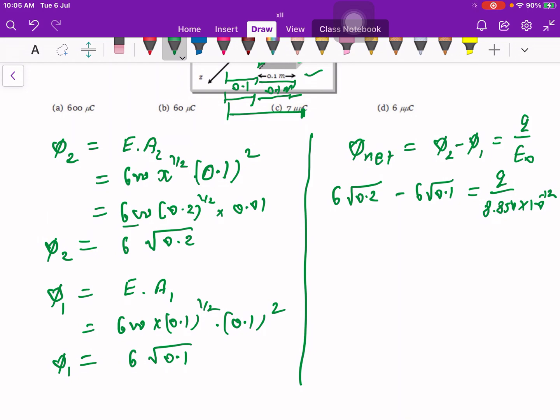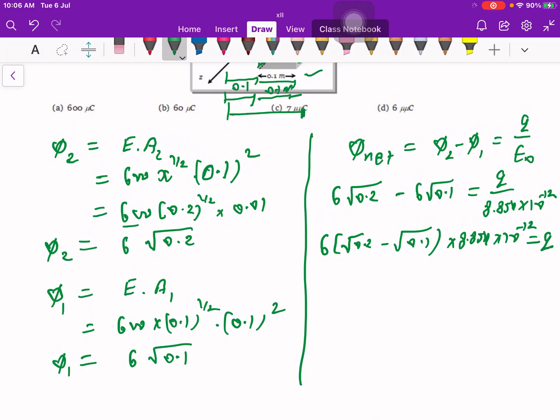Simplify it. If I take common 6 in bracket, I get 6 into (root 0.2 minus root 0.1) into 8.854 into 10 to the power minus 12 is equal to Q.